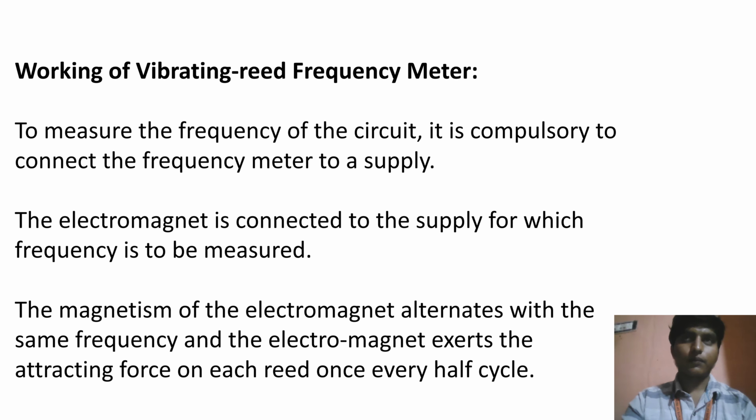When the supply is connected to the meter, the electromagnet alternates with the same frequency, and the electromagnet exerts an attracting force on the reed in every half cycle.